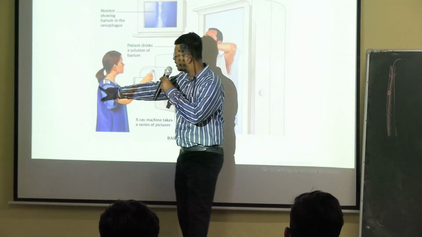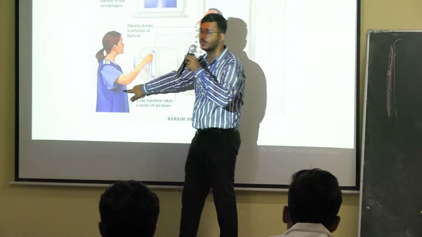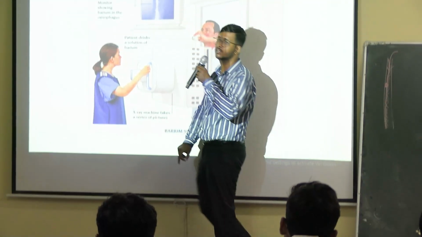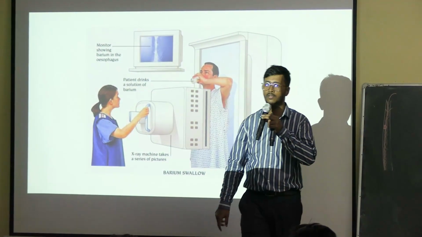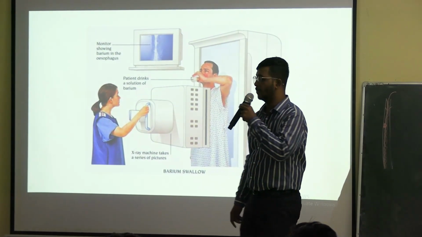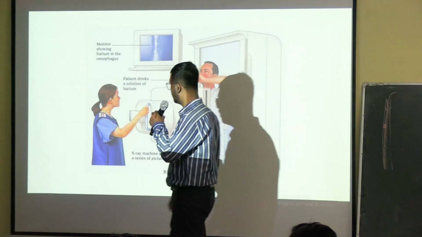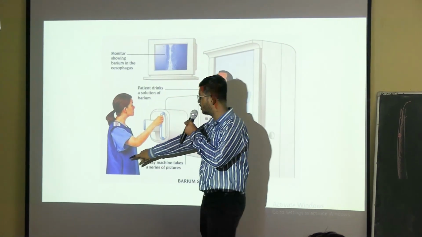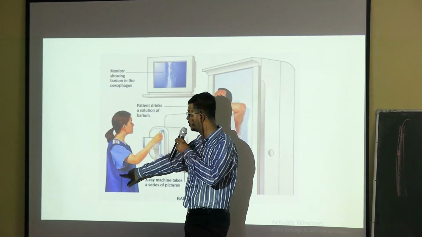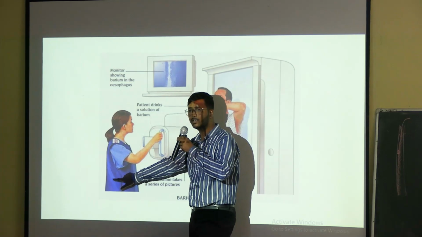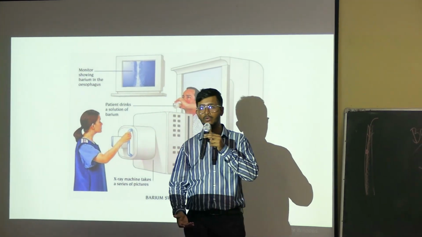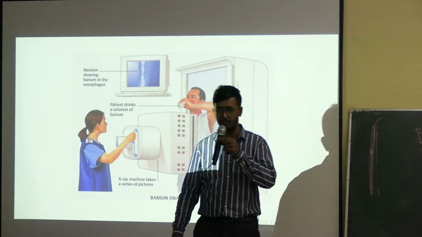Can you name the structure that she is wearing? This blue color. This is lead apron, not important. This is worn by your technician. Those are present in X-ray rooms to prevent them from X-ray exposure.